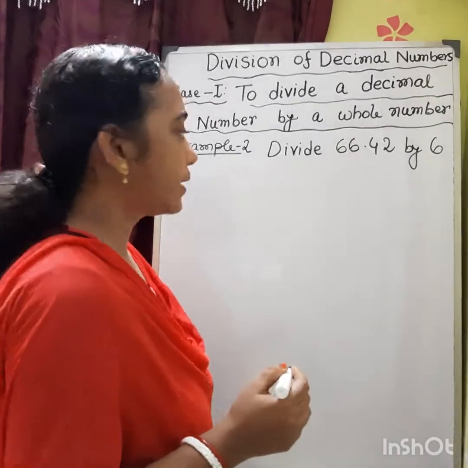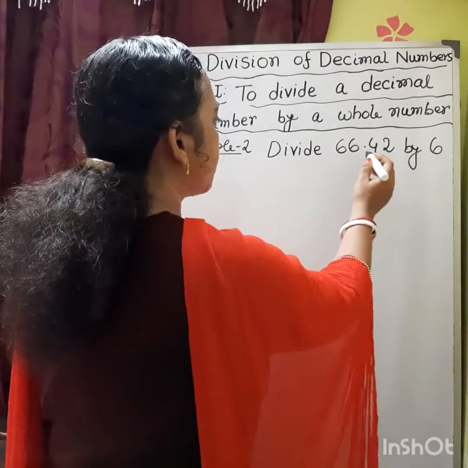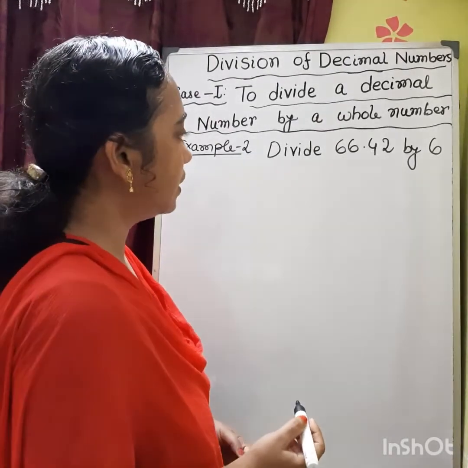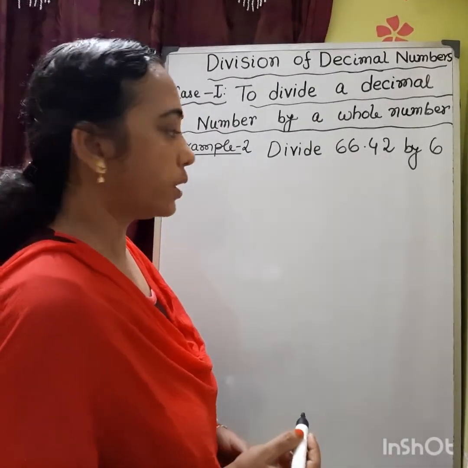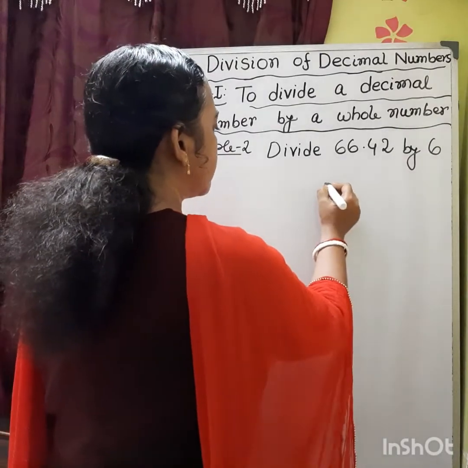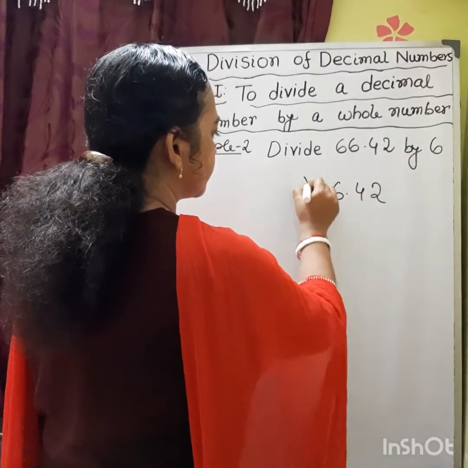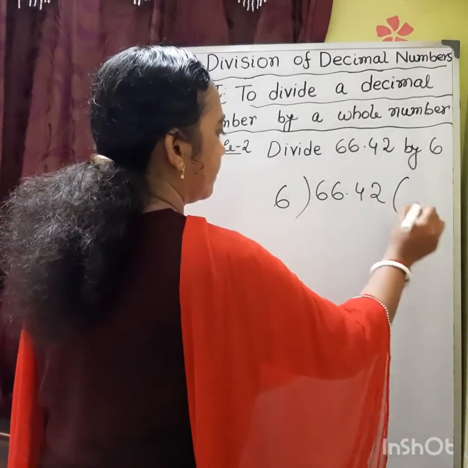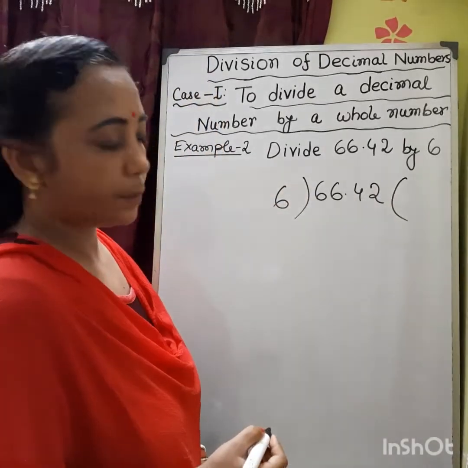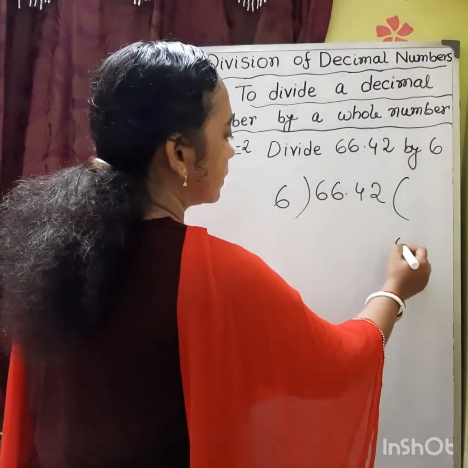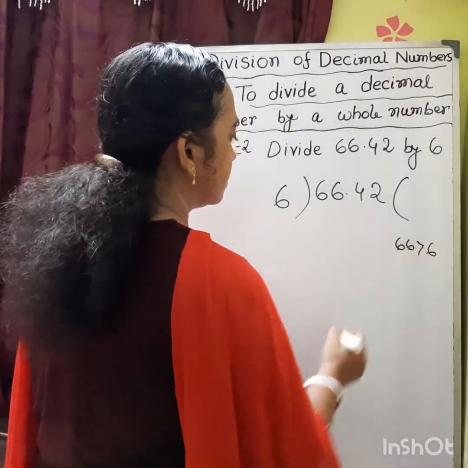Now let us do another question: divide 66.42 by 6. Here the dividend is a decimal number and the divisor is a whole number. So let us write the decimal number first. Now we consider the whole number part first, which is 66, that is greater than 6.